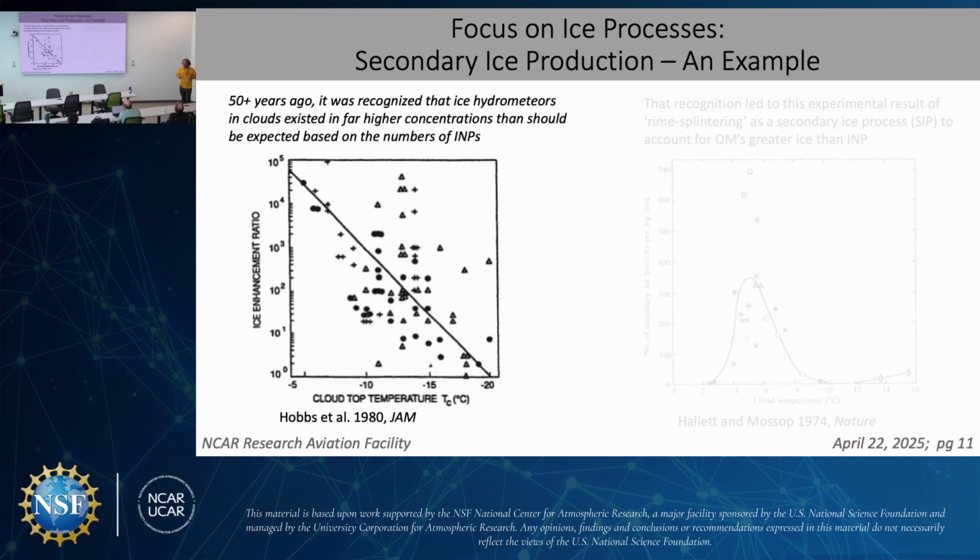You have enhancement ratios that are 2 to 3 to 4 orders of magnitude larger than the actual number of ice nucleating particles.